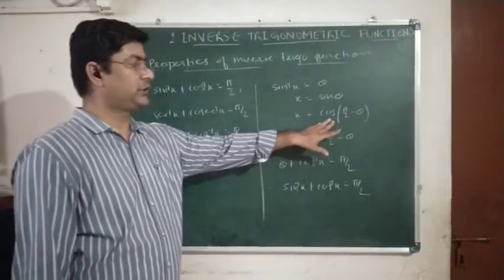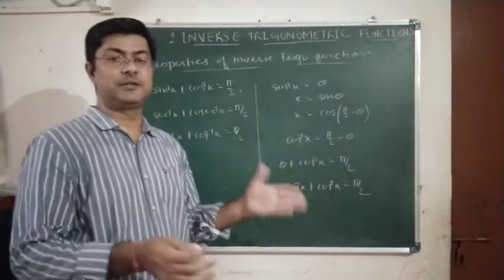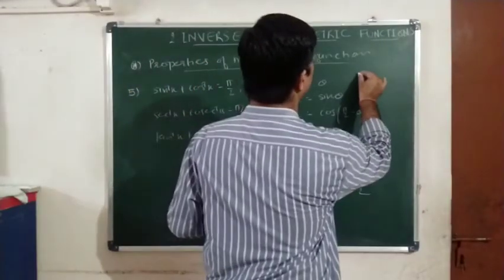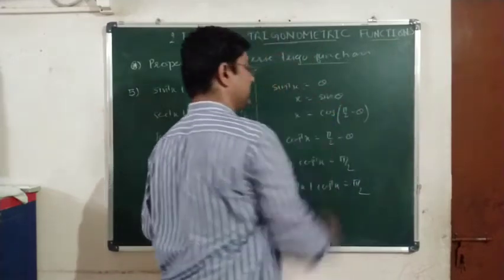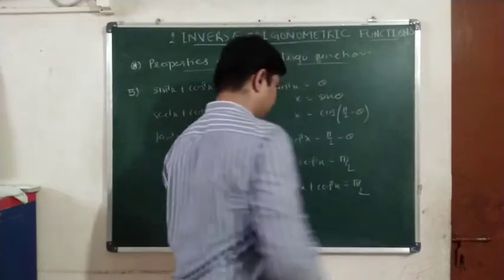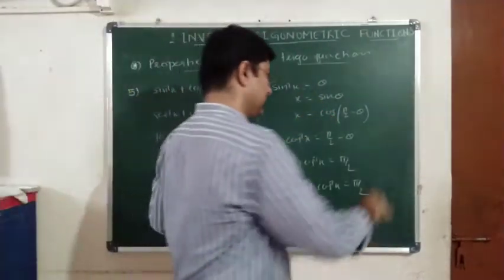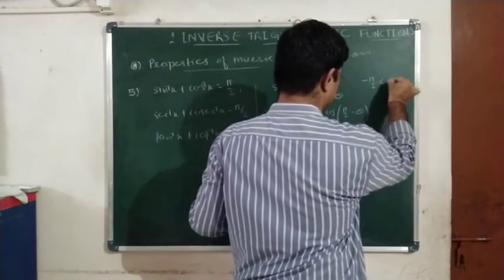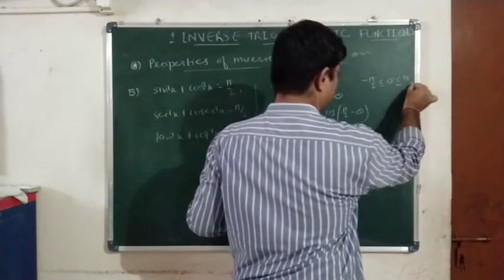For the cos ratio, the theta must lie between 0 to pi, we know, so that can be understood in this way. Now sin inverse x is theta, therefore x is equal to sin theta. Theta belongs to minus pi by 2 to pi by 2.